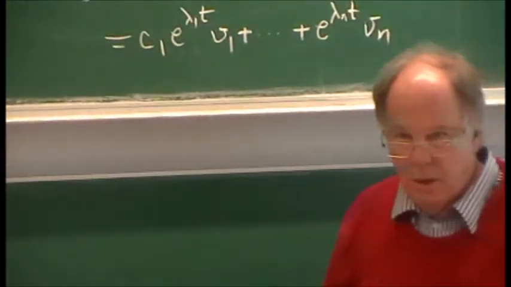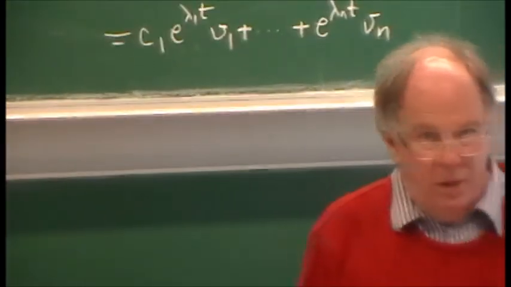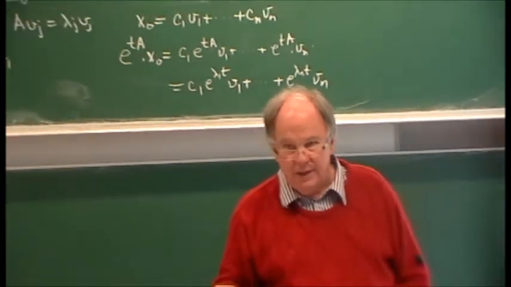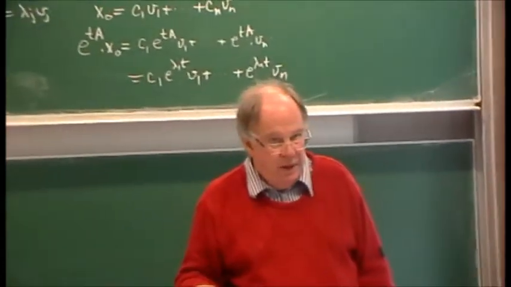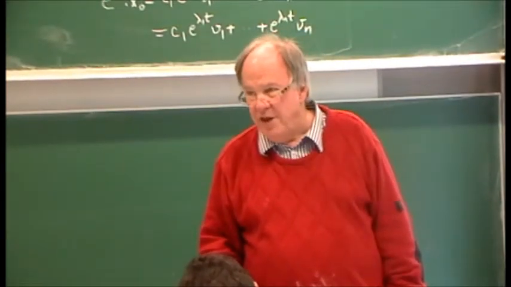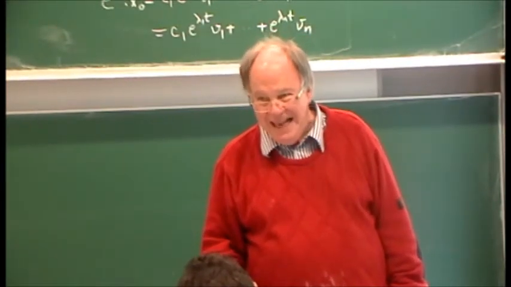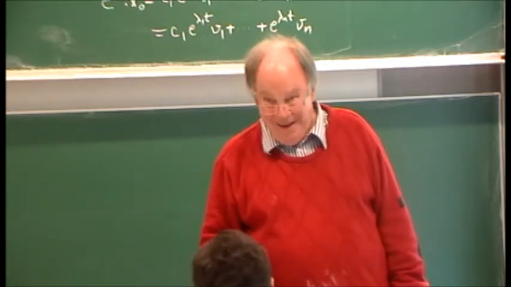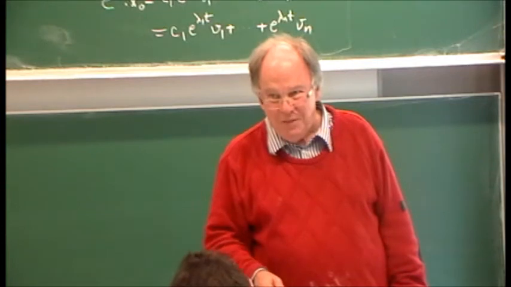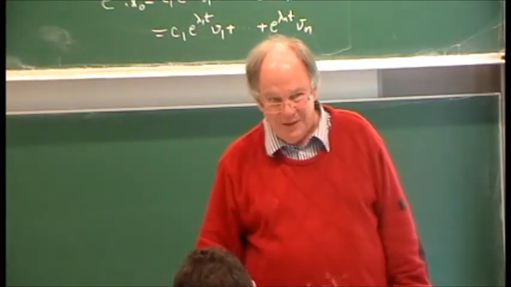Okay? Now, if you read elementary, particularly applied mathematics texts about ODE, they will tell you that this differential equation has n solutions. And by that they mean the solutions on these eigenspaces.